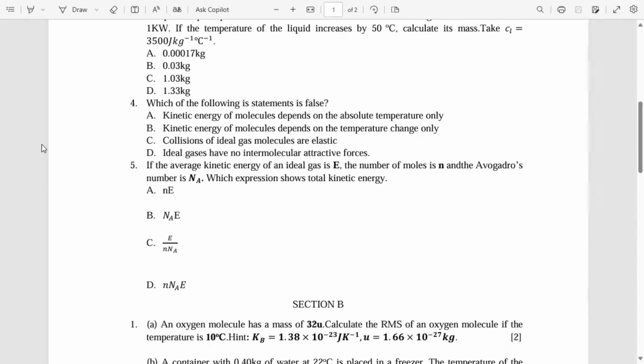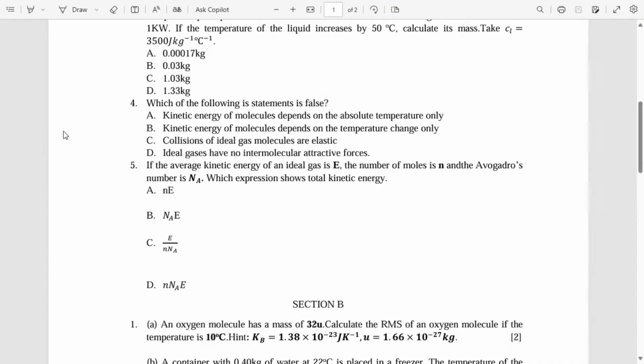The lesson that I posted yesterday on the kinetic theory of matter, I discussed this because some of these options are the assumptions that we make when we are trying to call a gas ideal, or when we are discussing the ideal gas law. Options D and C, we mentioned them in a very clear manner yesterday: collisions of ideal gases are elastic, and there are no intermolecular attractive forces between individual gas molecules.